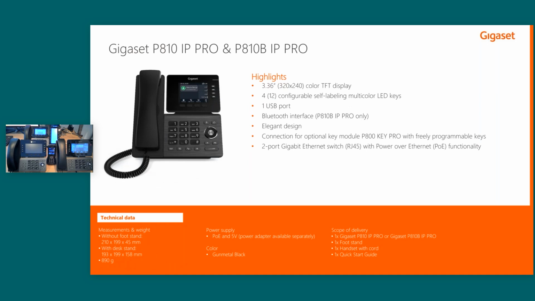It comes in 2 versions, P810 and P810B for Bluetooth. So with the B, the device has Bluetooth. Both have the 3.36 display, 4 keys on the right side of the display, multicolor self-labeling, and this on 3 sides. So in summary, it's 12.